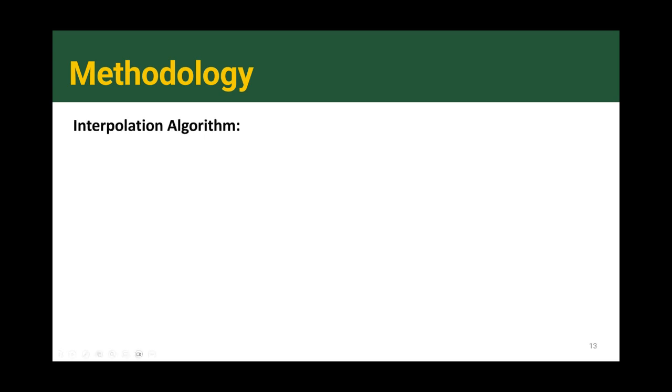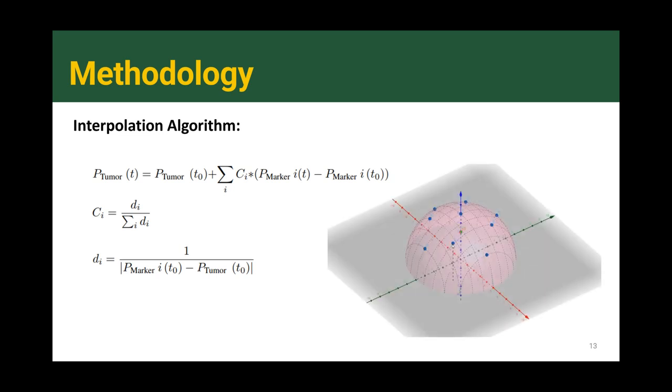So next we have the interpolation algorithm itself, which would basically have the position of the tumor equal the position of the tumor at the initial time, plus the deformations that come as a result of the deformation of the markers on the surface of the tissue. So if I play this video here, this animation gives a good idea of how the movement of the surface, which results in the movement of the markers, would lead to the movement of the tumors.